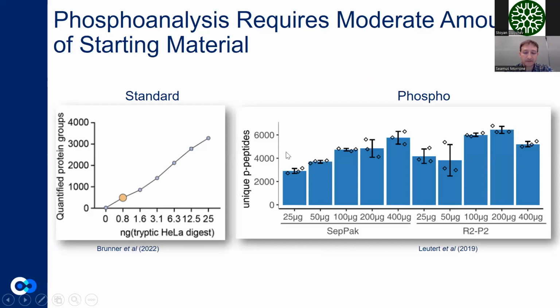Conversely, with a phospho-enriched sample, 1,000-fold more material, 25 micrograms, yields about 3,000 peptides, so considerably fewer than 3,000 proteins. This emphasizes that more material is useful for phosphoanalysis, and this is critical when you are working with precious samples.